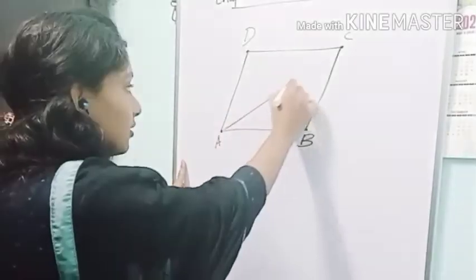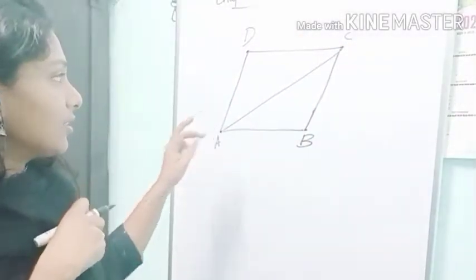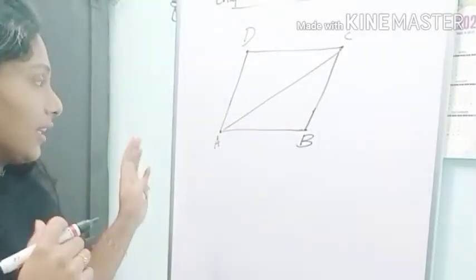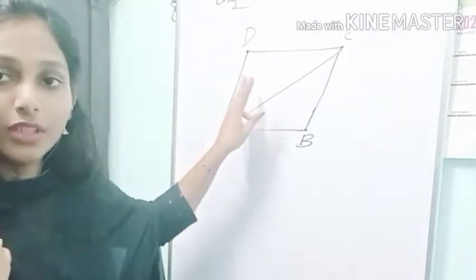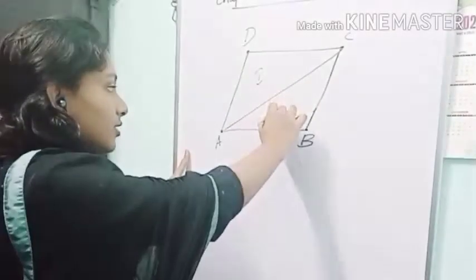It should be a straight line, and from this we can see that we got two triangles. This is the first triangle and this is the second triangle.